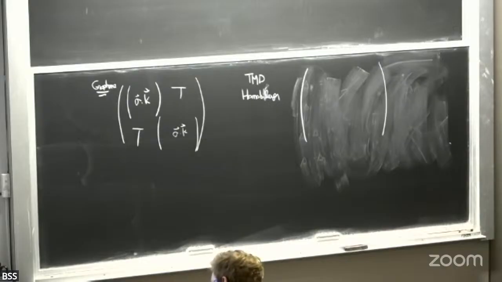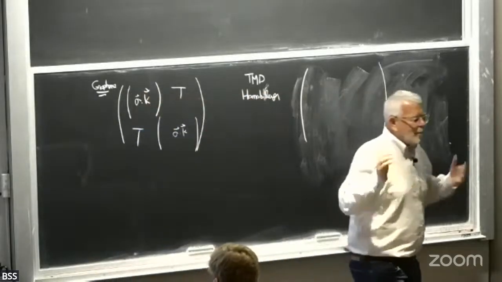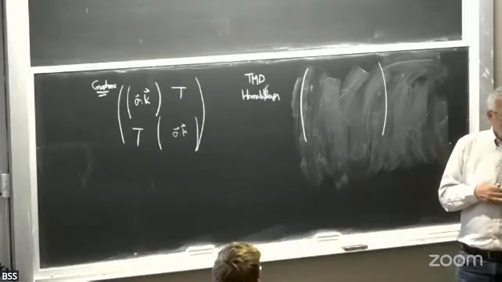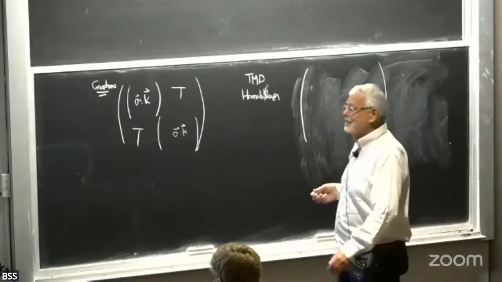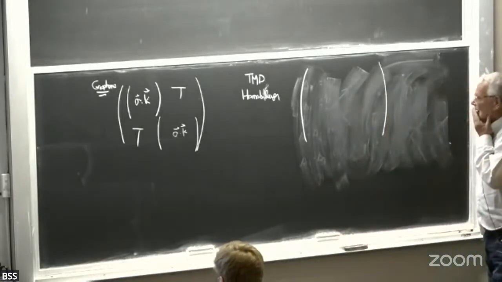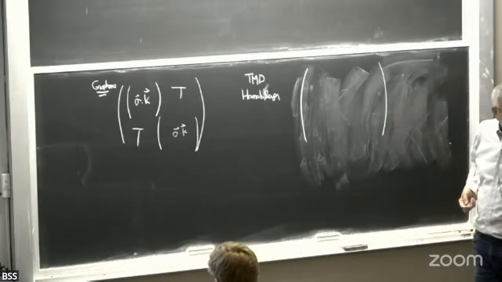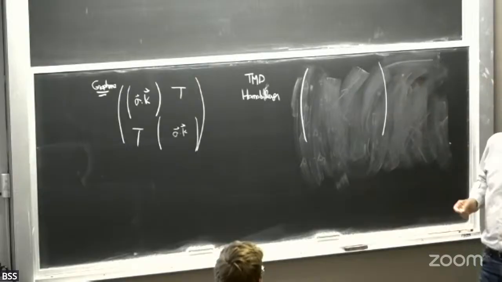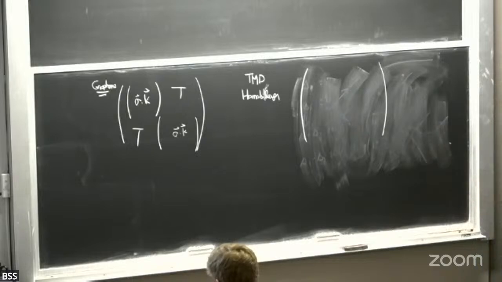So the spin-orbit coupling is just 2, because it's angular momentum 2, times sz. Normally spin-orbit coupling produces shifts in energies that are second order in the spin-orbit coupling strength. Here it produces a shift that's first order in the spin-orbit coupling strength. And that's what gives us one layer with a particular spin at k. There's also the time reversal partner at momentum minus k, which has the opposite spin and opposite orbital angular momentum. The Kramers partner is at minus k.